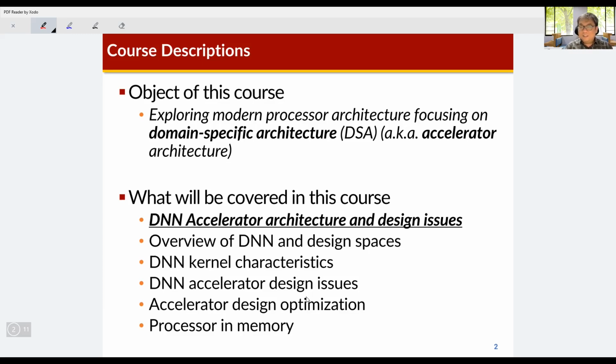Actually, this deep neural network is widely used for training and inference of machine learning applications. These DNN structures are widely used for image processing or video processing applications.